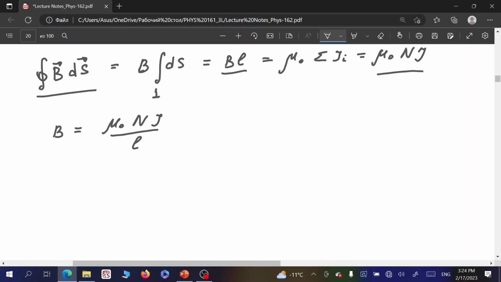Now tell me, what is this? The ratio between total number of turns divided by length of the side.